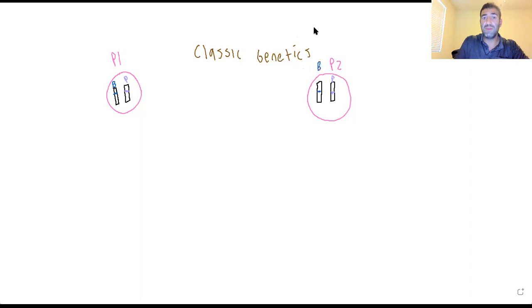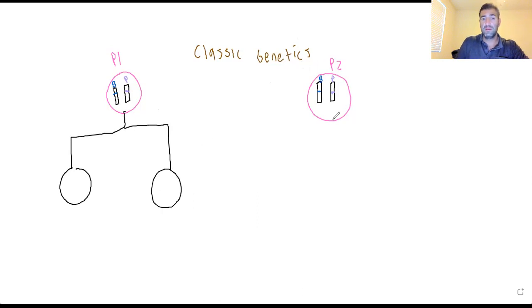And if you remember, after meiosis, when we have four haploid cells, there's only one copy of each chromosome in these haploid cells, like so. Drawing this.